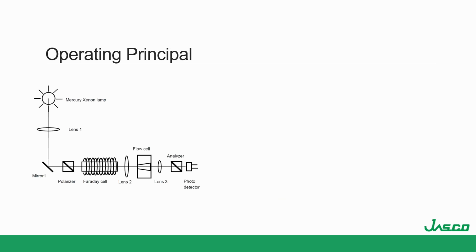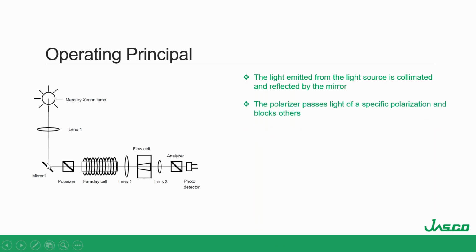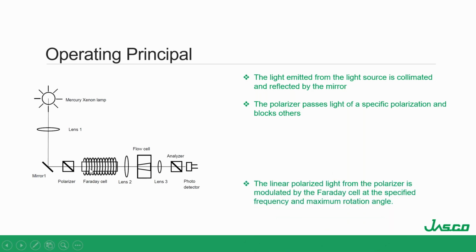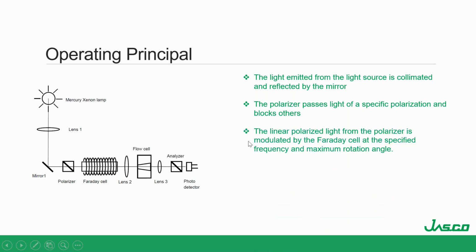The operating principle, again, you're going to start with a mercury xenon lamp. The light is emitted from the light source, collimated, and reflected by the mirror. The polarizer passes light of a specific polarization and blocks all others and sends it off to the Faraday cell.